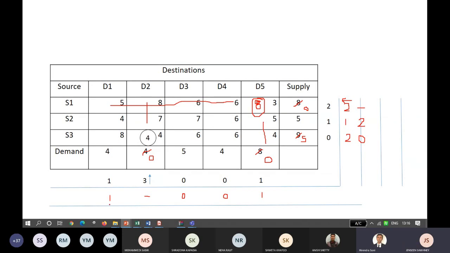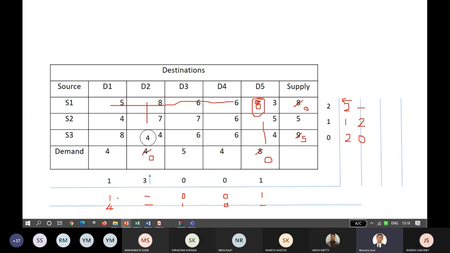So penalty is 4. Here no penalty would be calculated. What about this? 7 and 6. So 1. Here, 6 and 6. No penalty. 0.